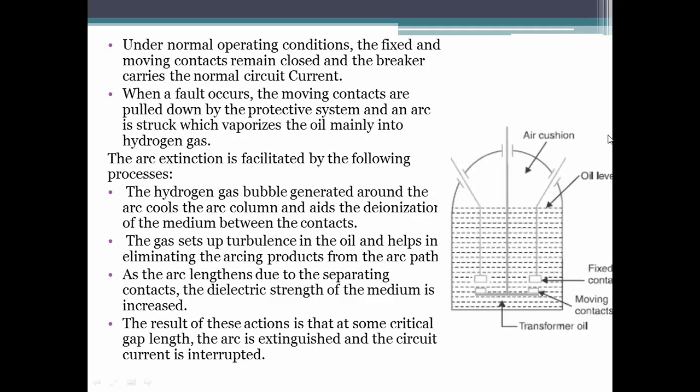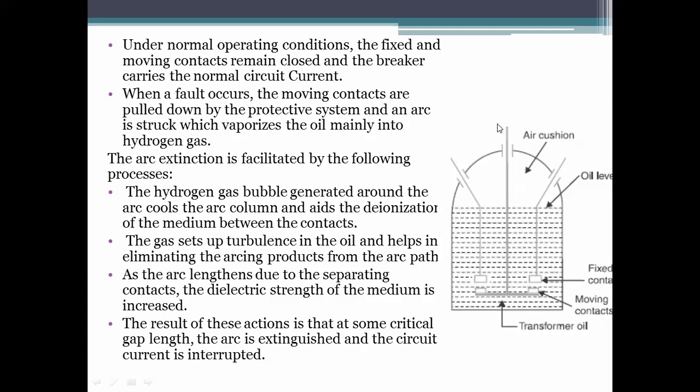In this plain oil circuit breaker, we have seen that there are two contacts. Every circuit breaker has two contacts, one fixed and the second the moving contact. So these two here are the fixed contacts and this is the moving contact, and this is moved by some action.